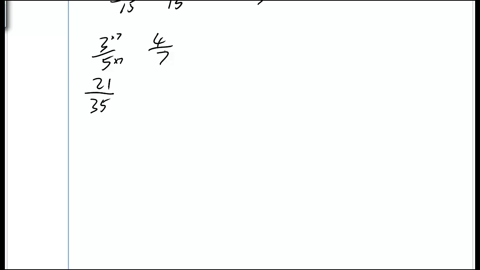This fraction here, what have you got to multiply the 7 by to give you 35? You've got to multiply it by 5. Okay, so we get 35 on the bottom line for the denominator. Multiply the top number by 5. 4 5s are 20. So we can see that 21/35 is greater than 20/35. So therefore, back to the original fractions, that means that 3/5 is greater than 4/7.